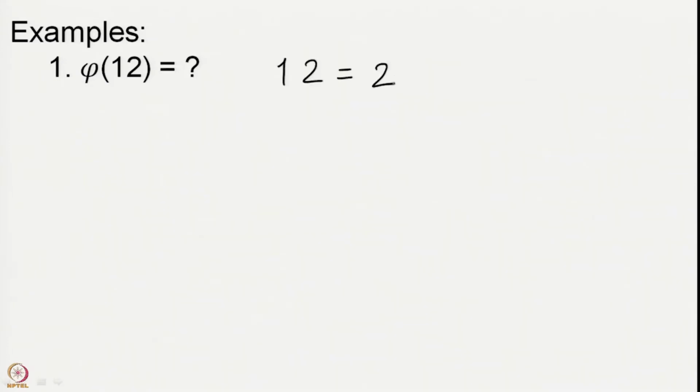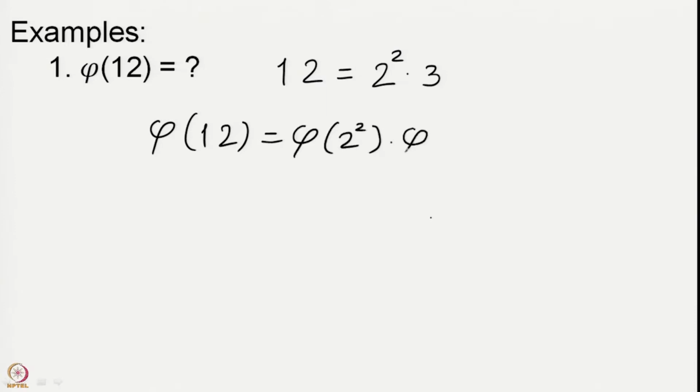So, first of all 12 can be written as 2 square into 3, 4 into 3, that is our 12. Therefore, phi of 12 is phi of 2 square into phi of 3. 2 square is a prime power. So, this is going to be 2 square minus 2, and this is going to be 3 minus 1.